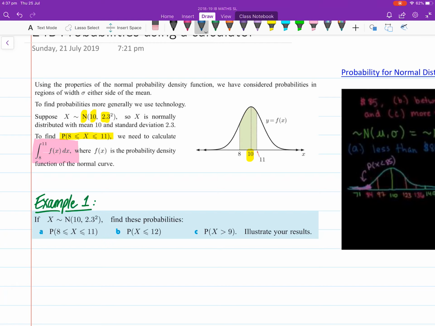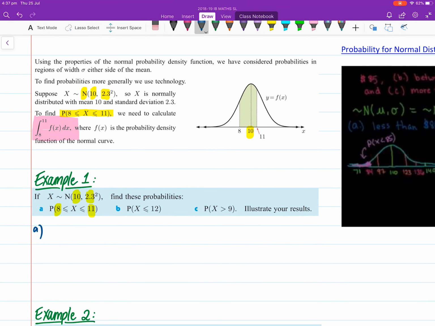You use the statistics function, and you go to distributions and you type in these values. You literally type in the value 10, 2.3, and the lower and upper bounds, 8 and 11. You just type those in and it gives you the answer, okay? But what does this mean? This, in fact, is the one that's in this diagram up here, okay?